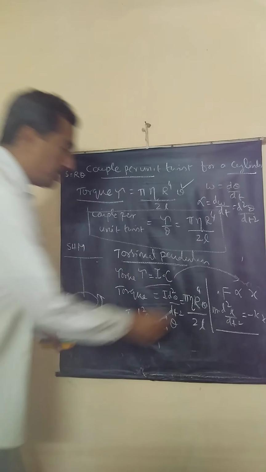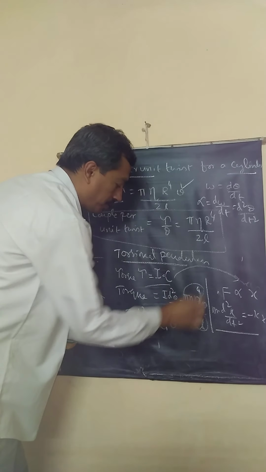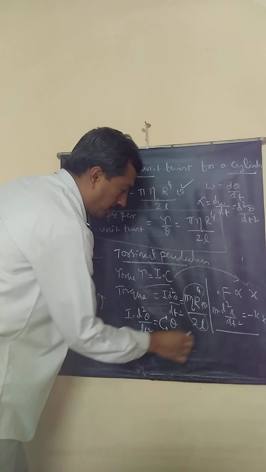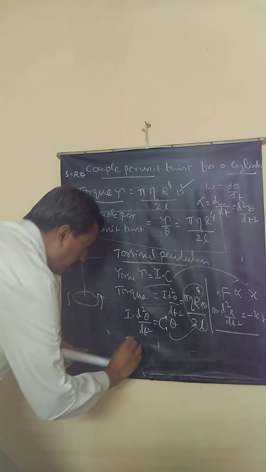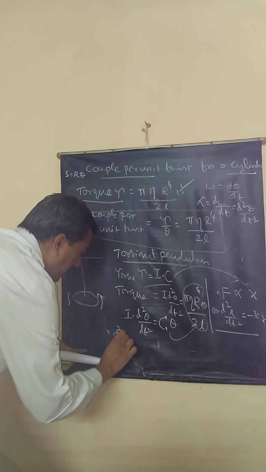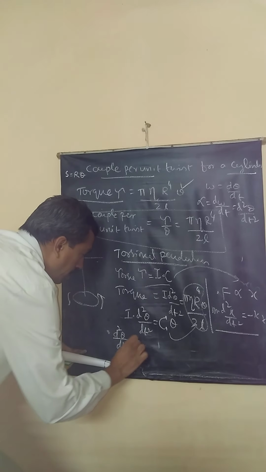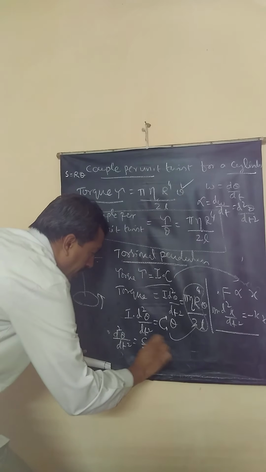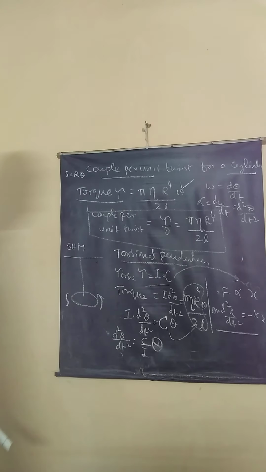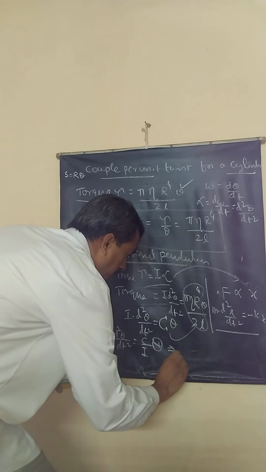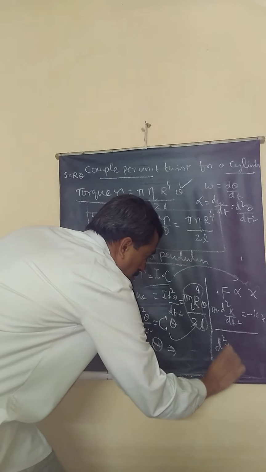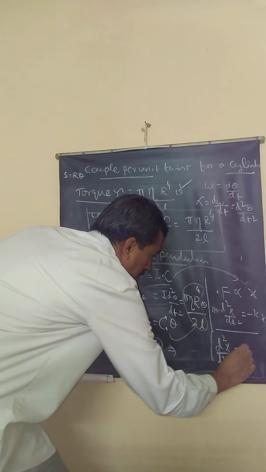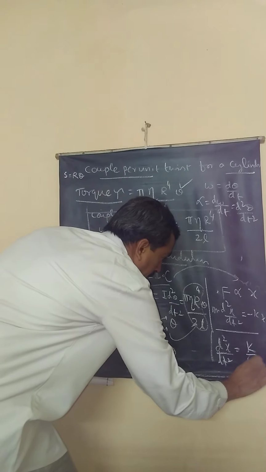This constant is this. Now I can write this as d square theta by dt square is equal to c by I into theta. Correct? This is similar to what? Look at this expression: d square x by dt square is equal to k by m into x.